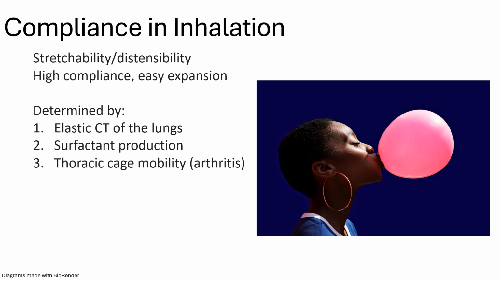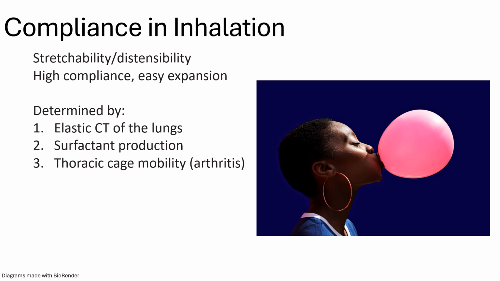The external intercostal muscles, those are the muscles between each of your ribs, when they contract, move your thoracic cage outward and a little bit upward. So arthritis in the rib cage can curtail this movement of your thoracic cavity. This would effectively limit your ability to inhale the correct volume of air, which then affects your ability to create a pressure difference. Therefore, somebody with arthritis of the rib cage would have low compliance for inhalation.